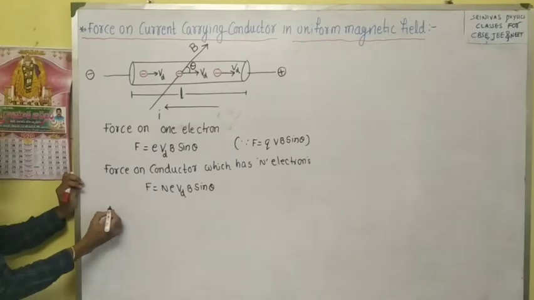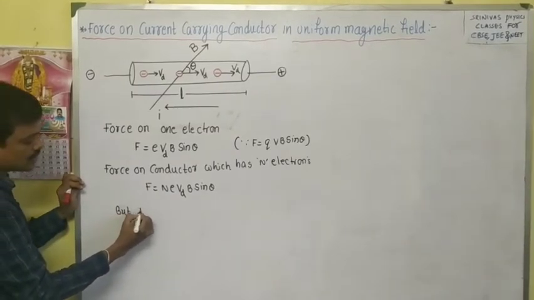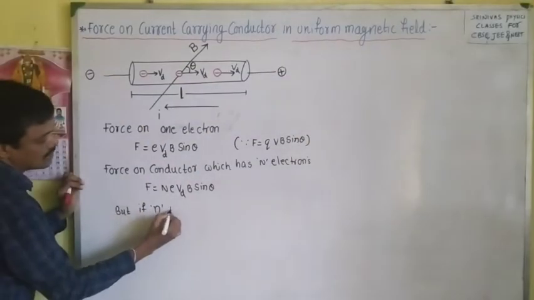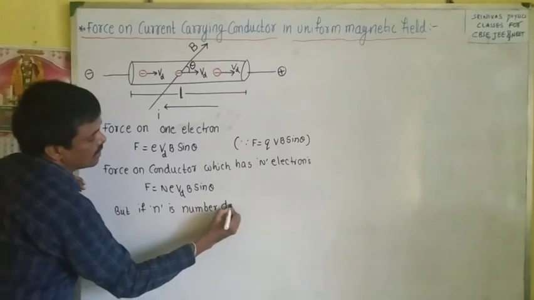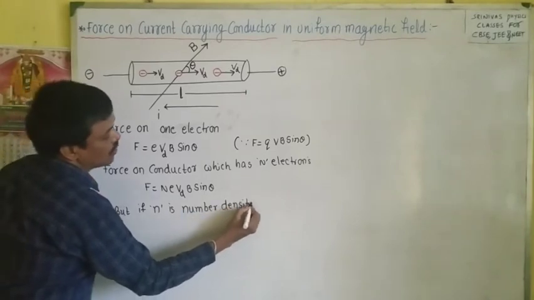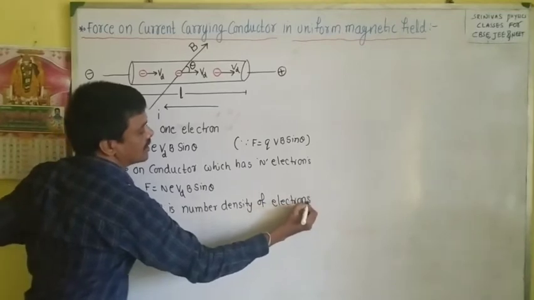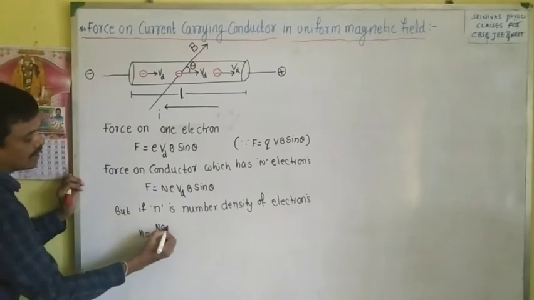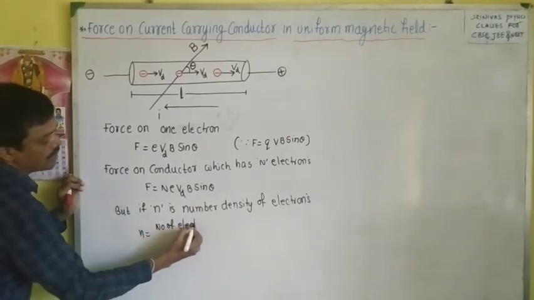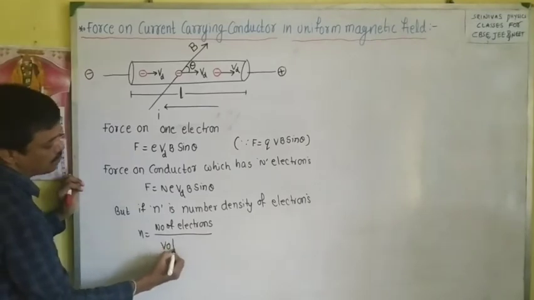But we know one formula, number density. If small n is the number density of electrons, then the number density formula is the number of electrons by volume.